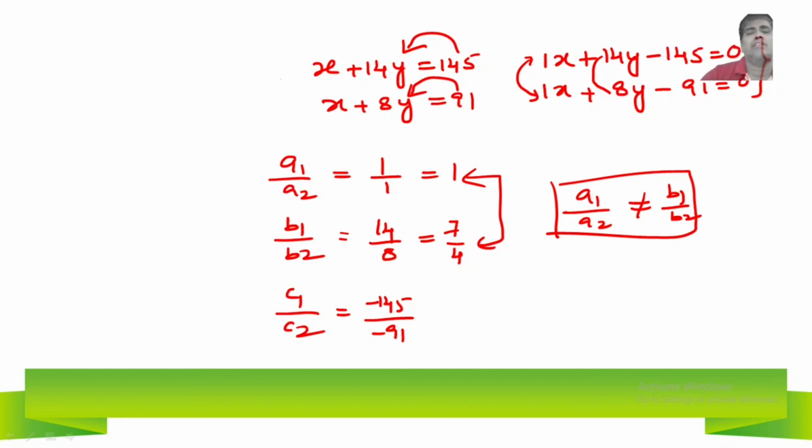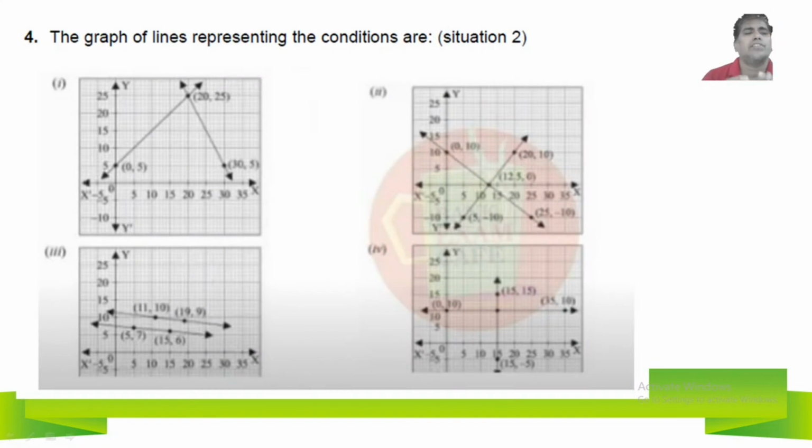Let us find the answer for question number 4. While solving this question, we got 19 and 9: 19 is the fixed charge and 9 rupees is the charge per kilometer.